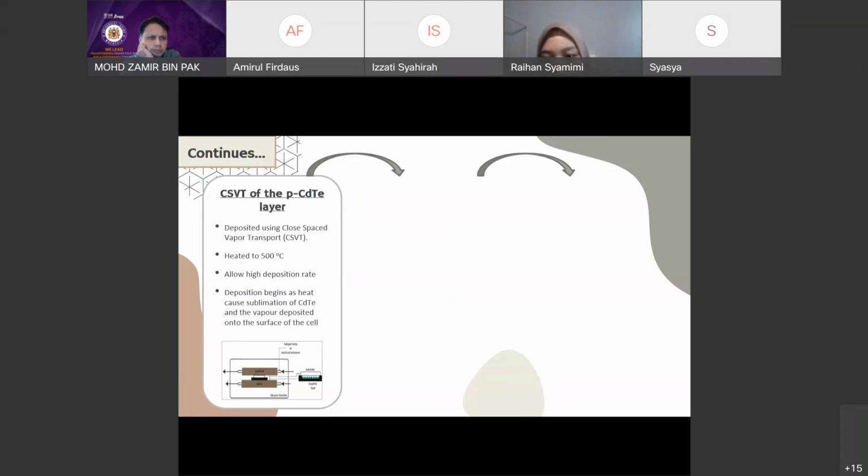This technique allows a very high deposition rate, which enables the deposition of a relatively thick cadmium telluride film within the production cycle time. The deposition process begins as the heat causes sublimation of cadmium telluride and the vapor is deposited onto the surface of the cell.